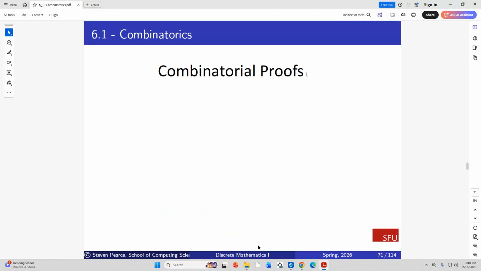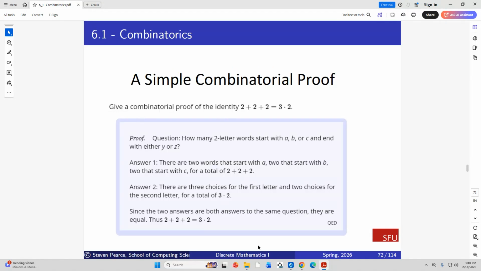All right. So combinatorial proofs, let's just look at that. Give a combinatorial proof of the identity 2 plus 2 plus 2 equals 3 times 2. Okay, so this is amenable to counting, and I'm just showing this to you as an introduction to the technique. Question, how many two-letter words start with A, B, or C and end with either Y or Z?